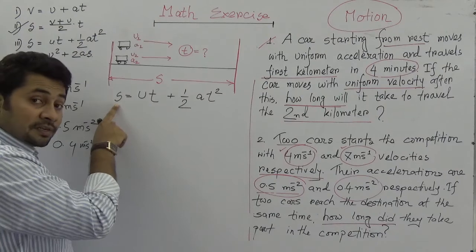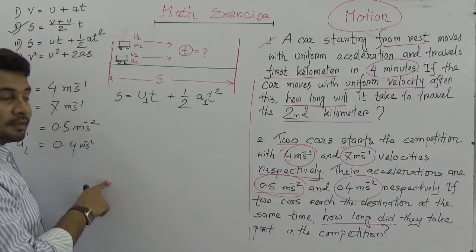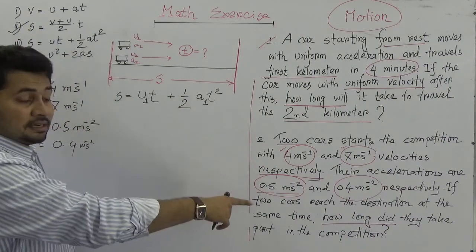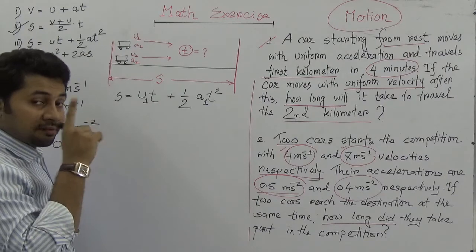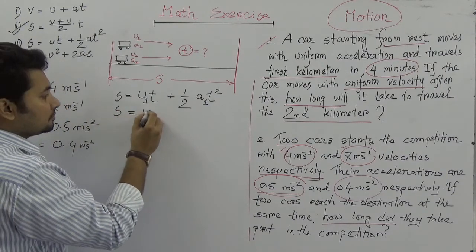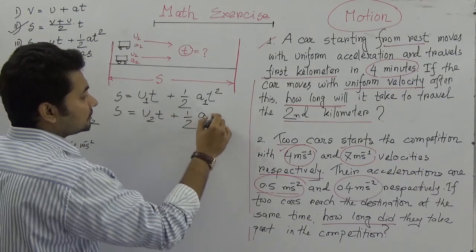As it is the first one, this is u1 and this is a1. But the t is the same, that is T1 and T2, because it says that the cars reach the destination at the same time. So for the second one, it should be u2 t plus half a2 t squared.